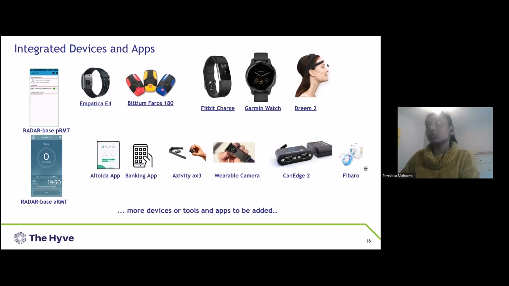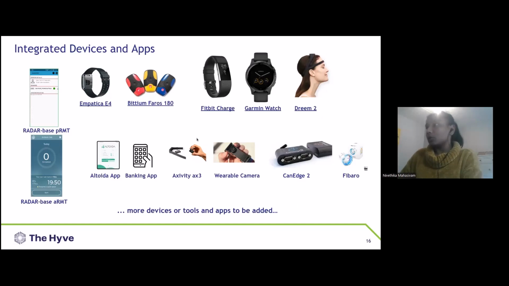and DREAM is particularly used to monitor your sleep and in which particular stage of sleep you are. In addition to that, you can also get EEG data from DREAM.